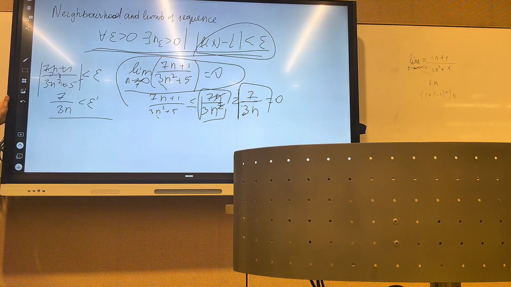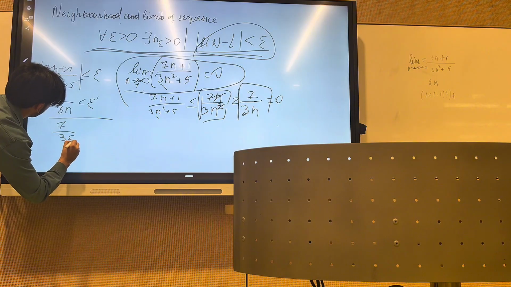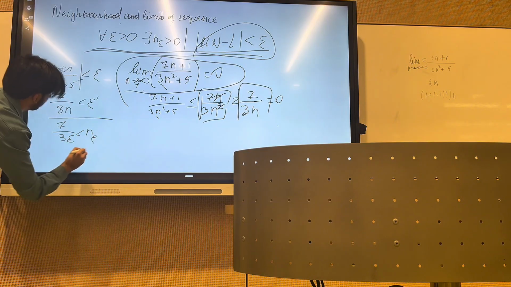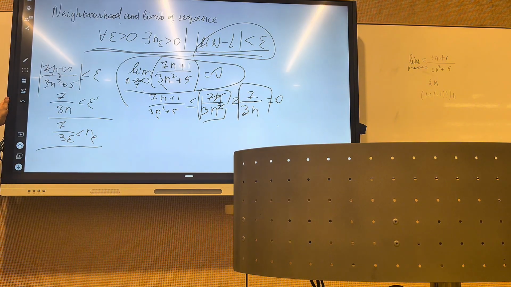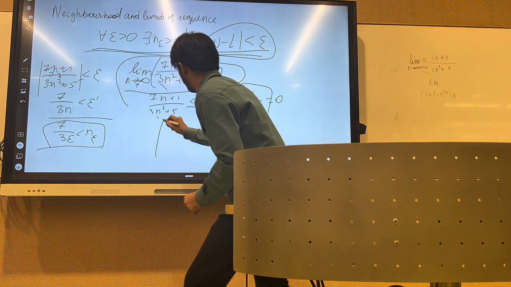Right. So, can we also say 7 over 3 epsilon? Yes. So, that's what I said, an epsilon. Actually, it's a starting point of the convergence there. And graphically, I can show it.